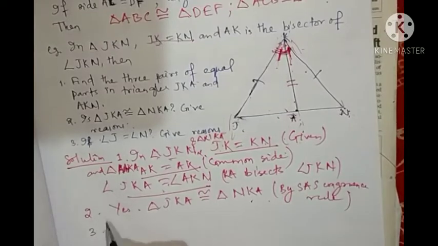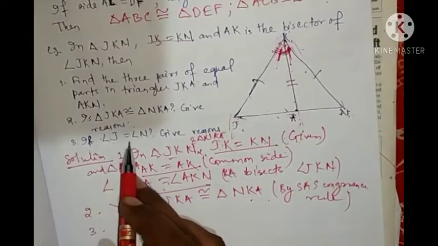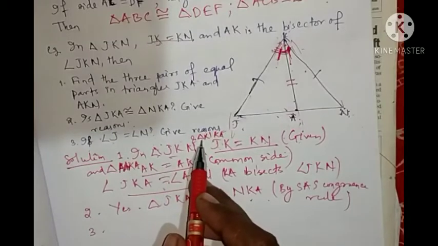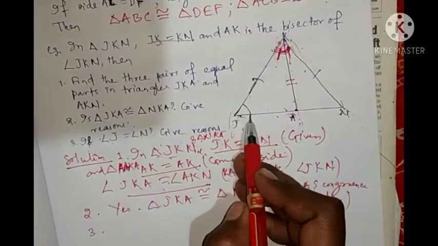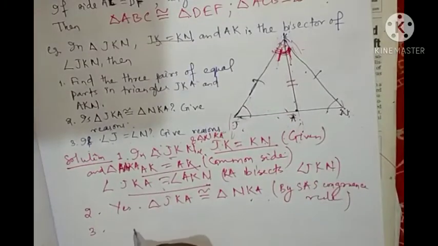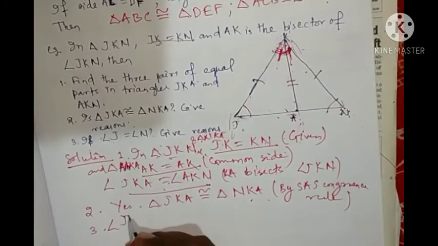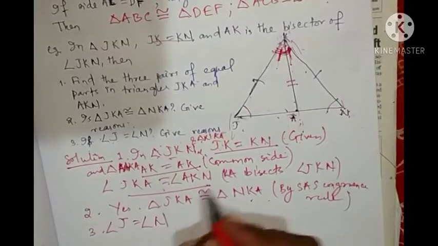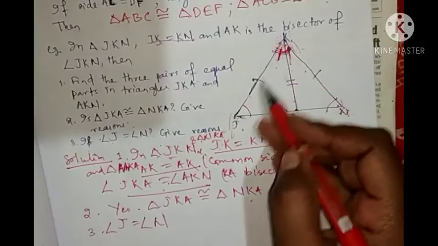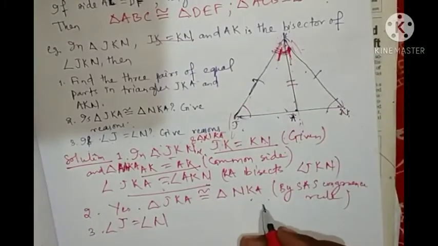Next, number 3 question is: is angle J equal to angle N? Give reason. Okay, what you will write? Yes, angle J equal to angle N, because these two are corresponding parts of the congruent triangles.